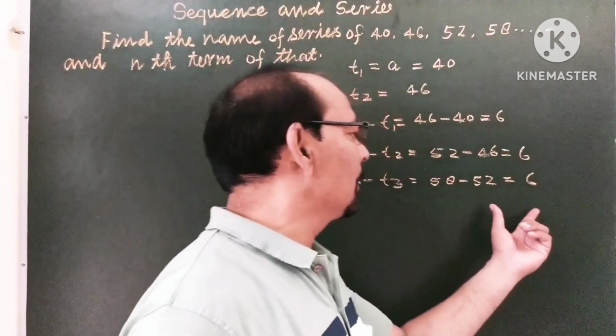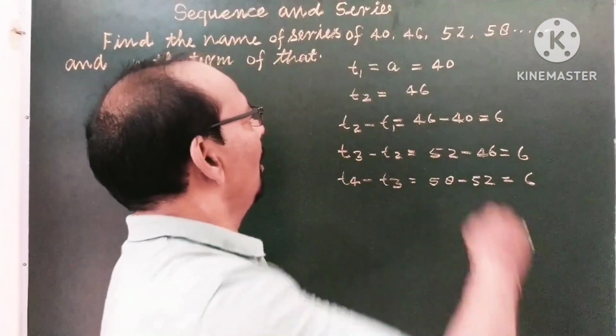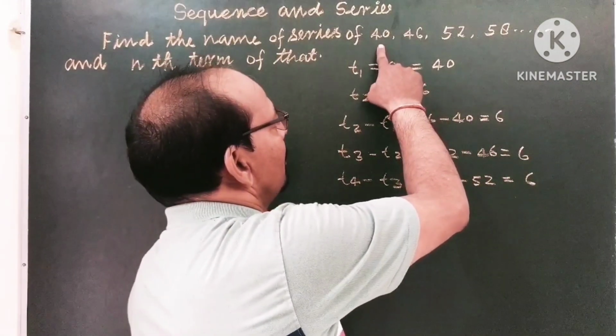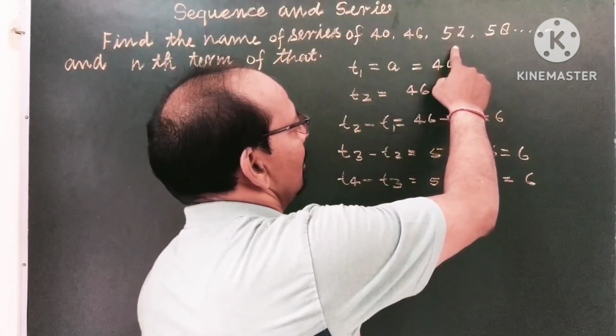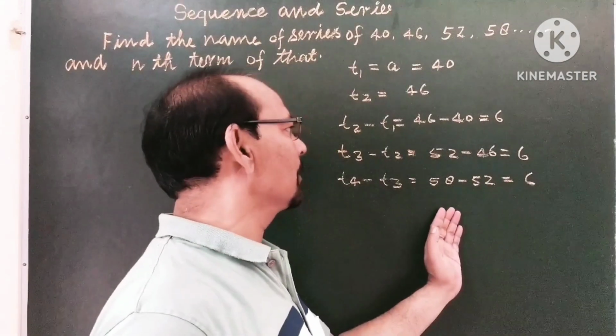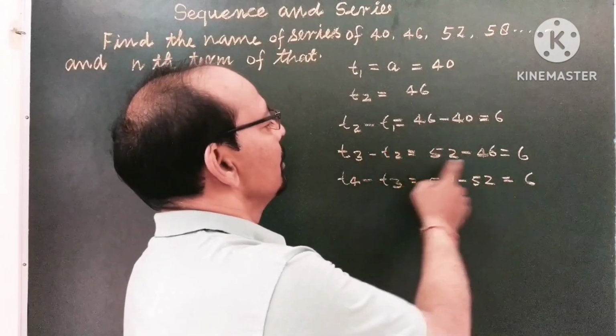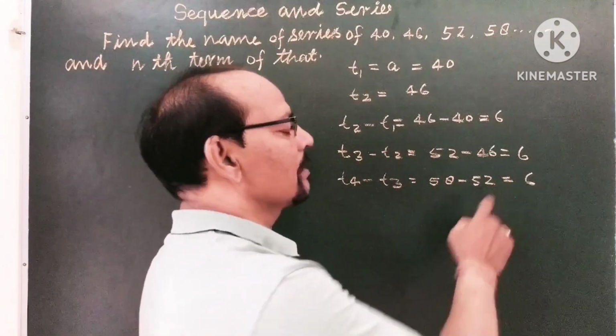We observe here common difference from this to this, this to this, this to this. Common difference is same here. T2 minus T1 6, T3 minus T2 6, T4 minus T3 6.